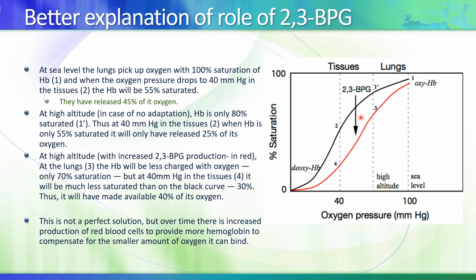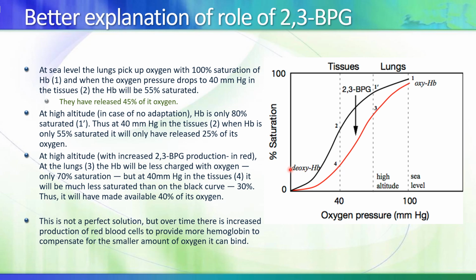Okay, but when there's increased concentration of bisphosphoglycerate in red blood cells, the curve shifts to the right. Okay, so that results in a new curve as shown in here. So at high altitude, when the pressure of oxygen is about 80, yes, you have much fewer hemoglobin molecules being saturated with oxygen, let's say about 70%. But then when this hemoglobin reaches peripheral tissues, now the pressure of oxygen is about 40.